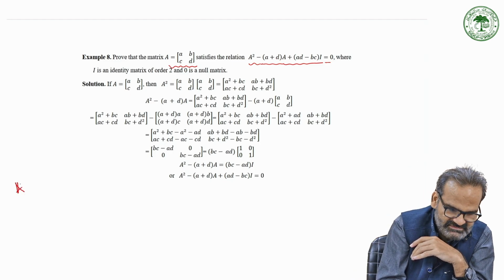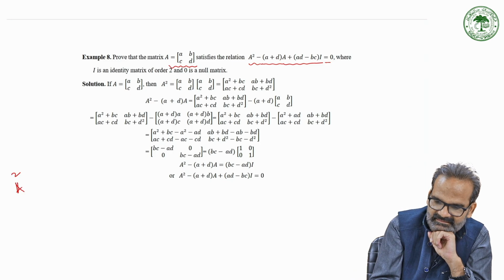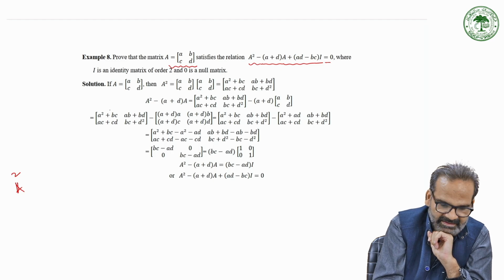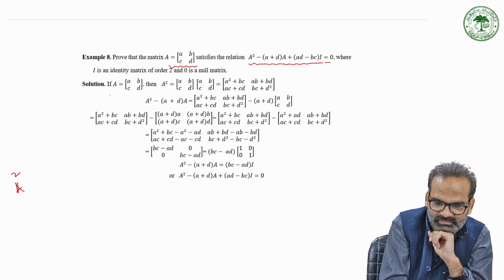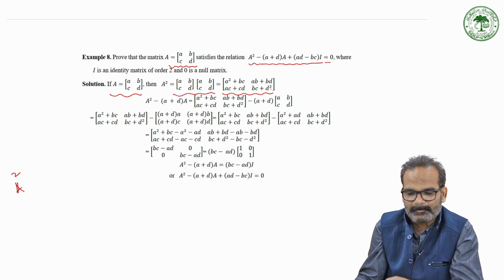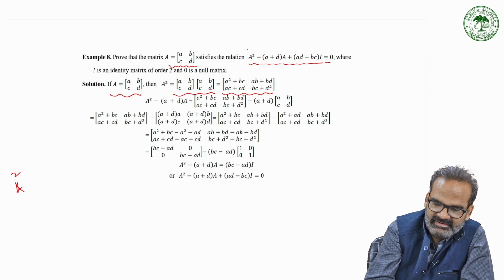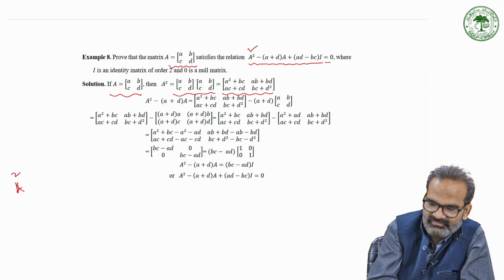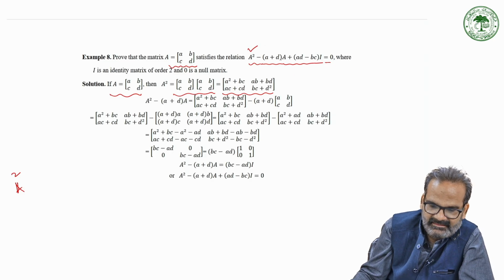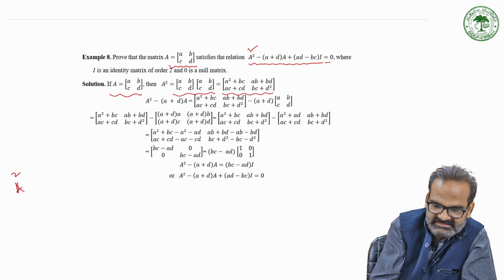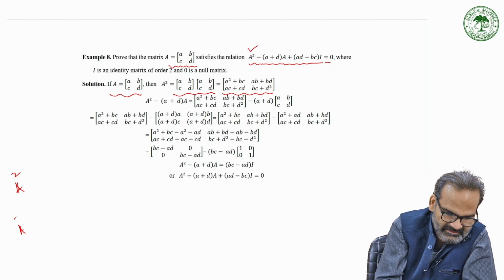A square, first find out A square, right? A is given to you, this is A. Now find out A square. A into A, you will get A square. We calculate first A square, then find the value of A square minus (a plus d)A. So A square is this, A square minus (a plus d)A.